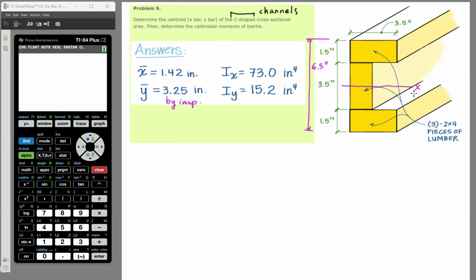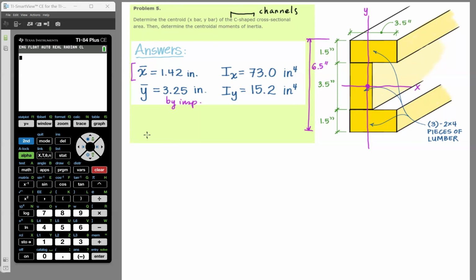Okay. And for my X bar that measures to my y centroidal axis, unfortunately, I'm going to have to do this by calculation. So I'm going to eyeball my y axis somewhere in that vicinity, and put my centroid right there where those lines intersect. I've got no choice but to do the calculation for X bar.